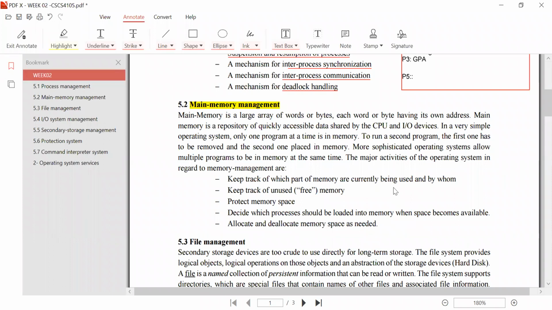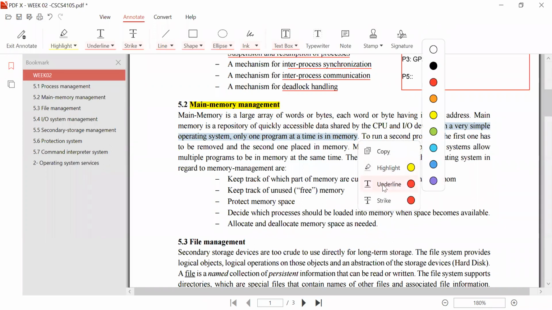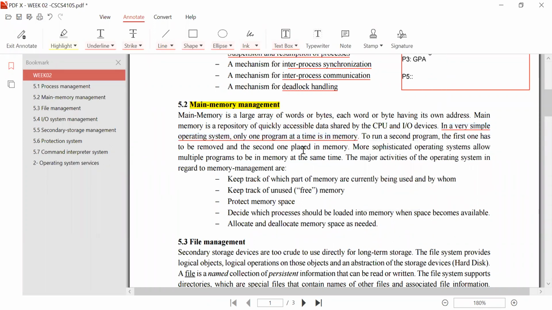Now, generally, in very old or very classic operating systems, only one program at a time is on the memory, okay? Only one program is loaded into memory at a given time. That is the classical functioning of the operating system. But look at what we have today.